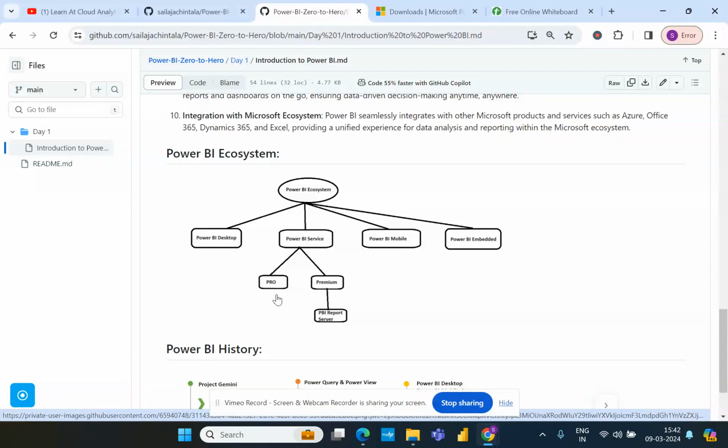So for that particular small requirement, like for 5 to 10 developers, you can just get the license by paying hardly $10 per month for every user, and that cost would relatively be lesser than the premium license.